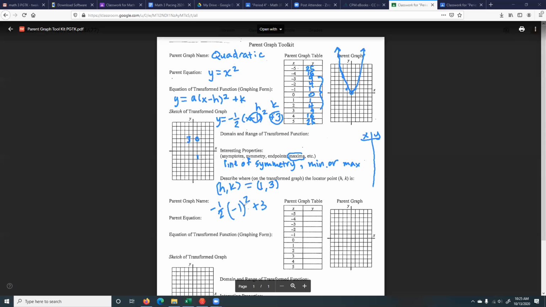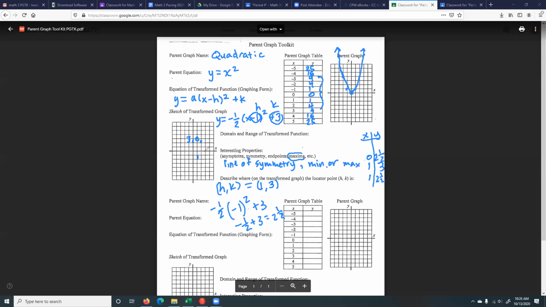Negative 1 squared is positive 1, times negative 1/2 makes negative 1/2, plus 3, which equals 2.5. In the middle is 1, 3, and then I'm doing 0 and 2 because it's going to reflect. So when I put in 0, I get 2.5, which means this is also going to be 2.5 because it's symmetrical. So 0, 2.5 is right next to it, like that.